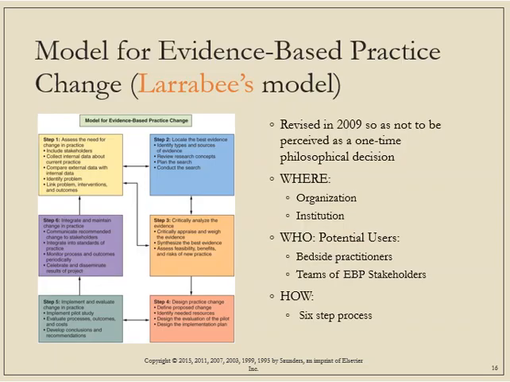Okay, this model is the Larrabee model. It's called the Model for Evidence-Based Practice Change, but it is called Larrabee's model. This starts on page 396. The type of model is an evidence-based practice, research utilization, and knowledge transformation process. We talked about the 3 categories of models, and so that was one of them.